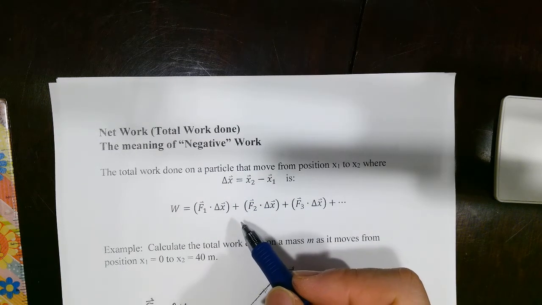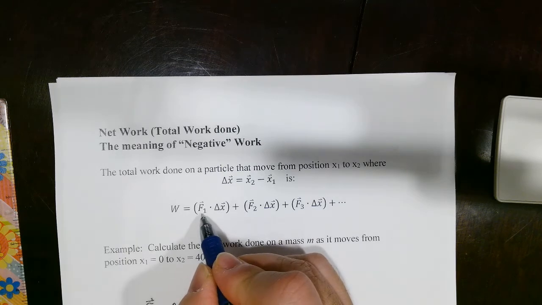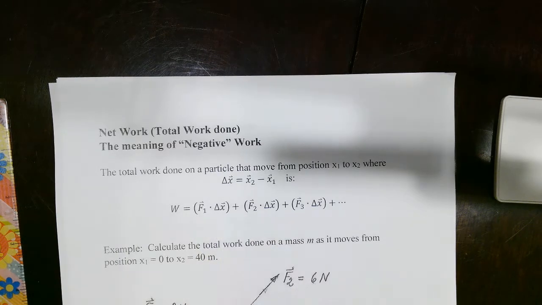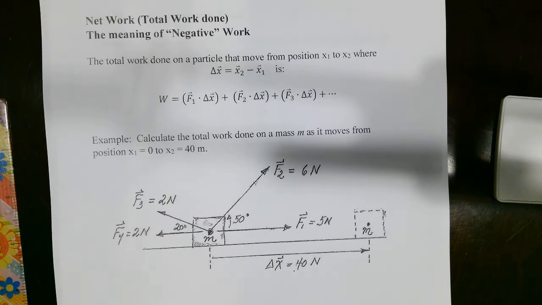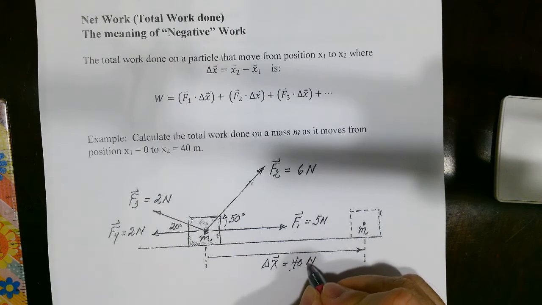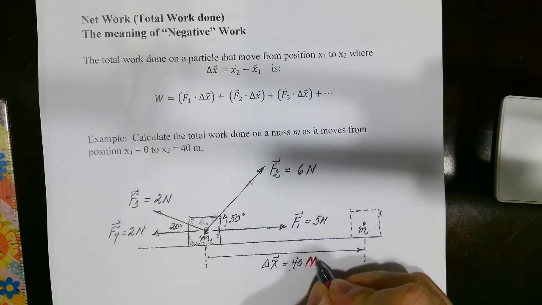So for example, force 1 dot delta x. Now, this cannot be 40 newtons. That should be 40 meters, not newtons.